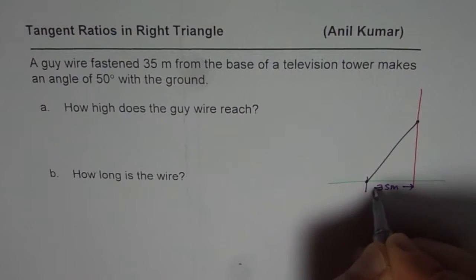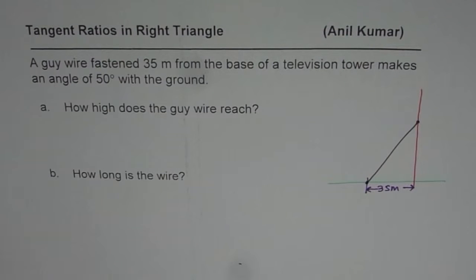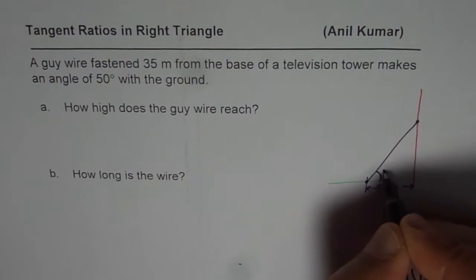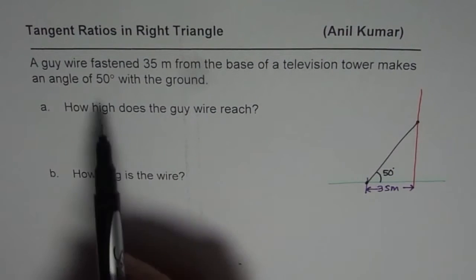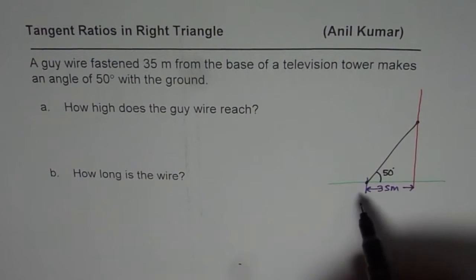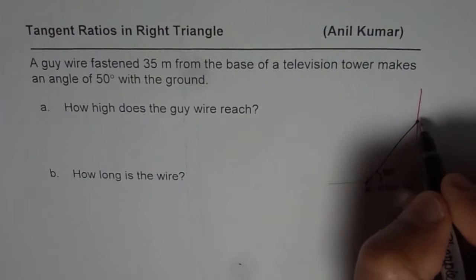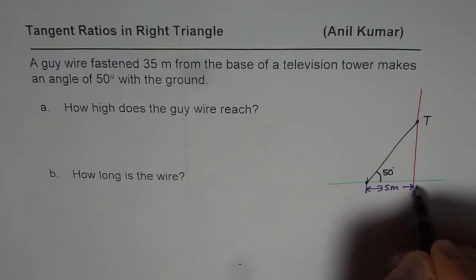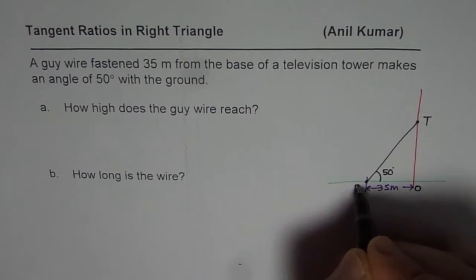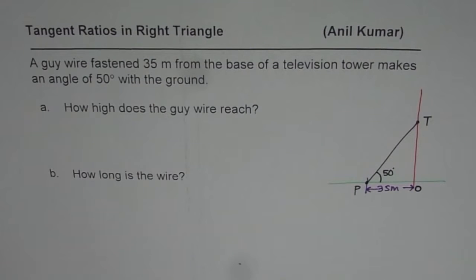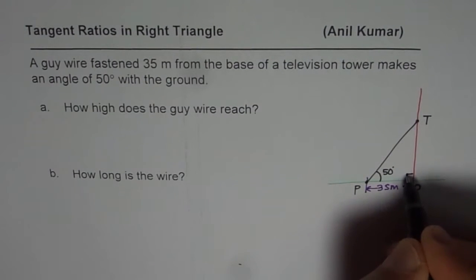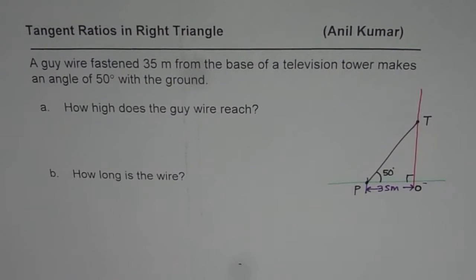So that is the base of the tower, and the angle here is 50 degrees. That is the angle with the ground which the wire makes, correct? And let's say this is the tower, and that's the point T, and that is the bottommost point, let's say O, and let us say this is P. So that is a right triangle, because the tower is perpendicular to the ground.